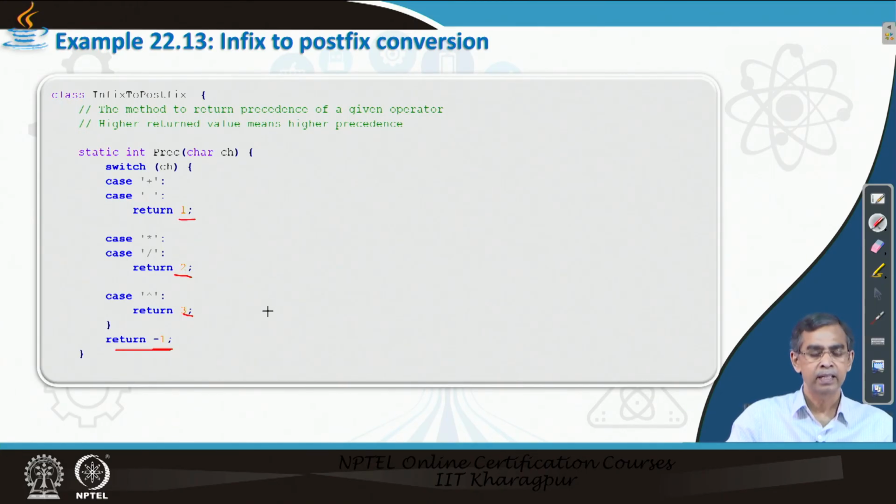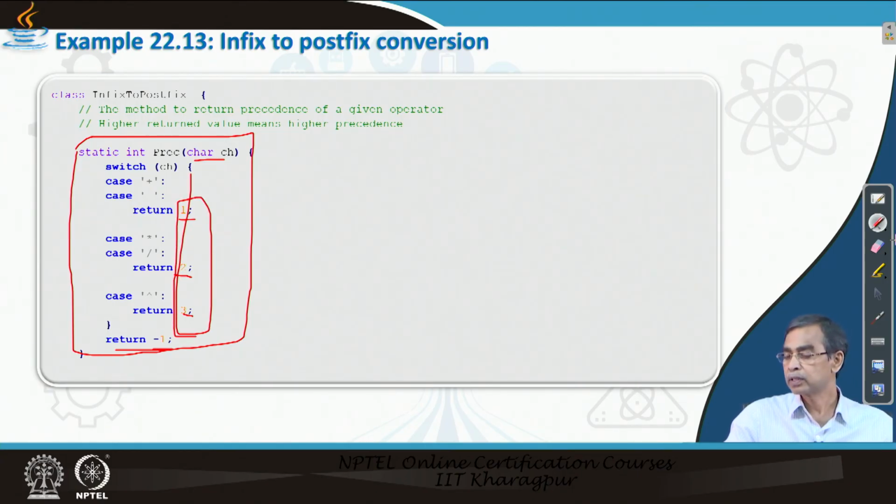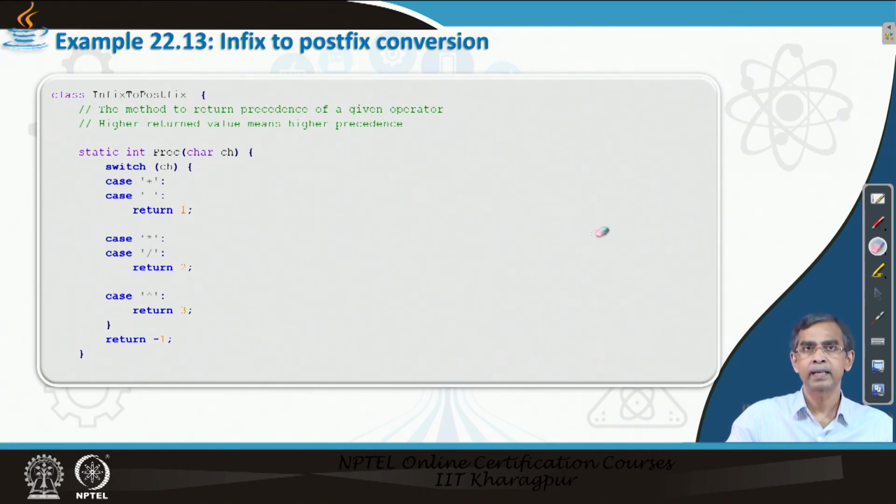These are single characters as operands, and these are the operators. We can assume that our expression includes only these. So, this block is one function, which takes a symbol and returns its priority value, that is all. This is the first block required for the infix to postfix conversion.